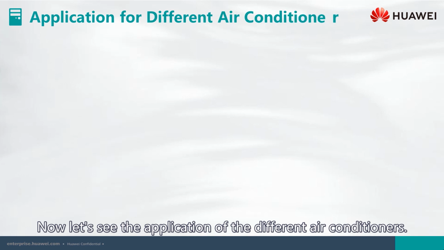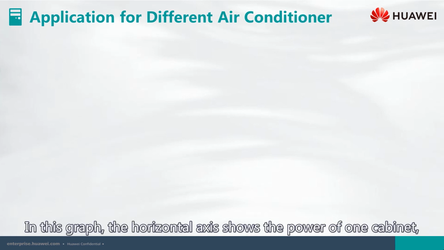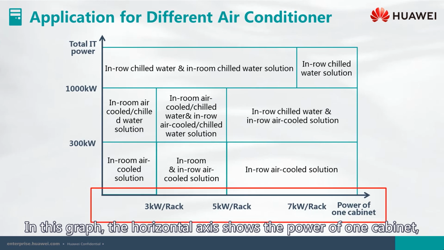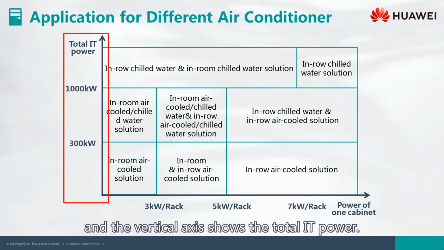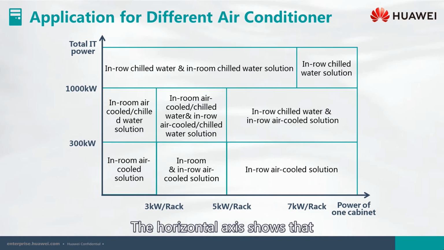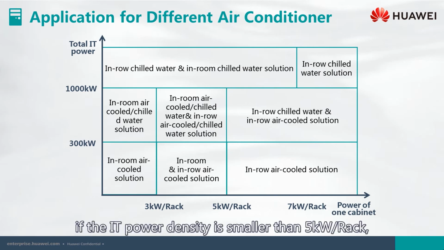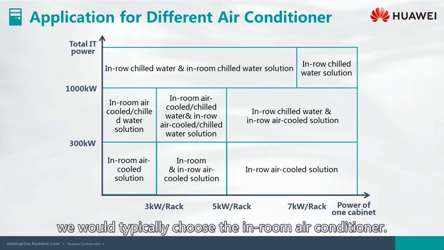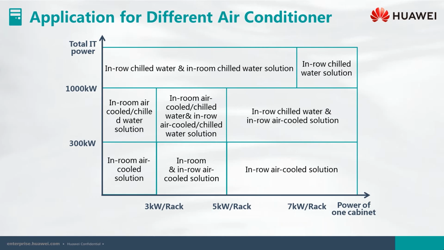Now let's see the application of the different air conditioners. In this graph, the horizontal axis shows the power of one cabinet, and the vertical axis shows the total IT power. The horizontal axis shows that if the IT power density is smaller than 5 kilowatt per rack, we would typically choose the in-room air conditioner.